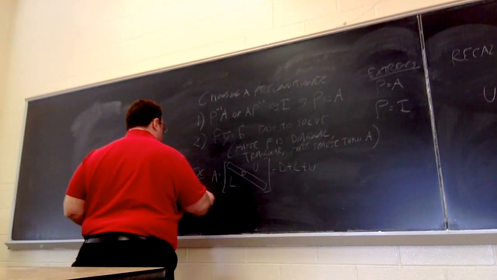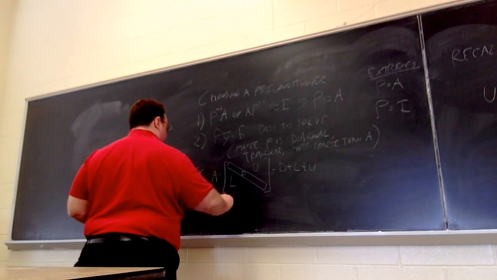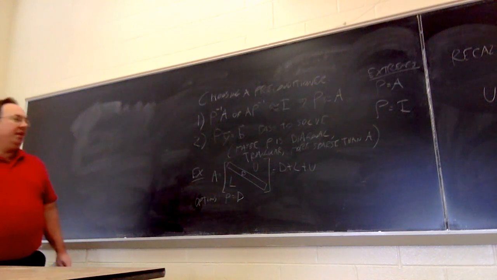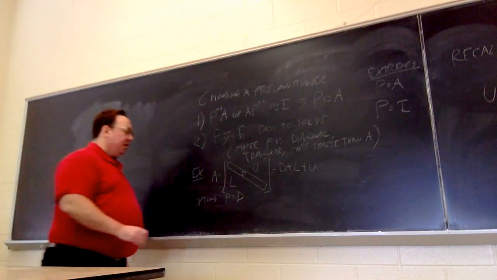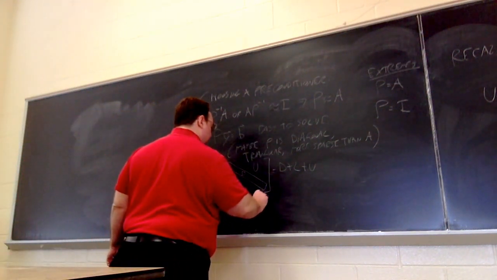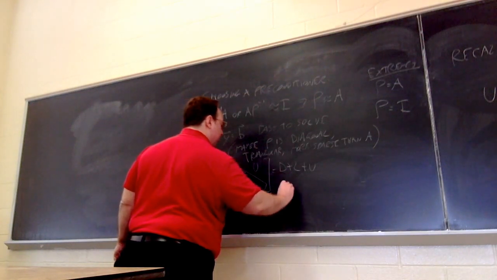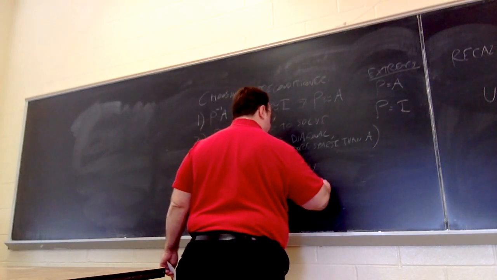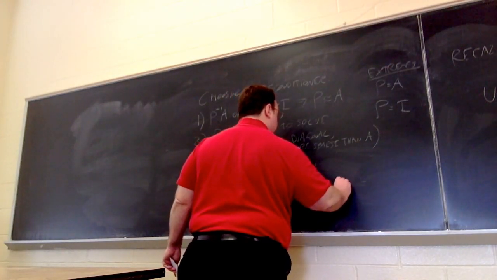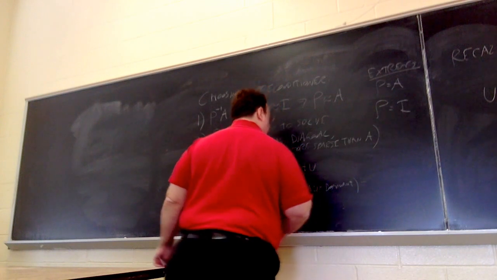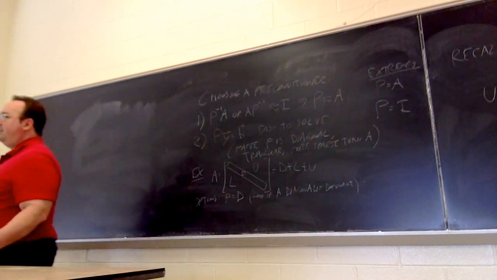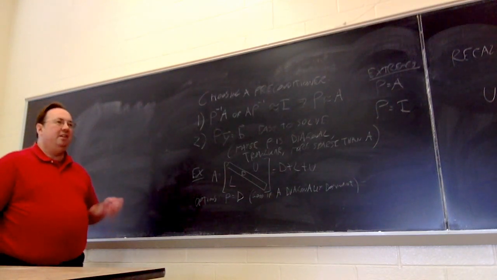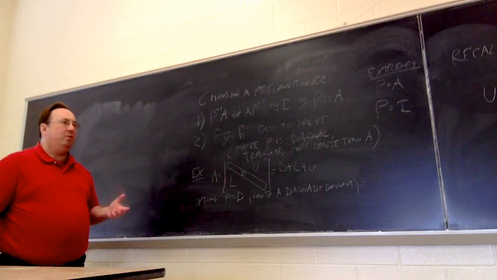So here are some options for preconditioners. For instance, P is equal to D, just the diagonal part. This is especially a good idea if A is diagonally dominant, meaning not only are the largest entries on the diagonal, but in fact the diagonal entries are larger than the whole rest of each row.